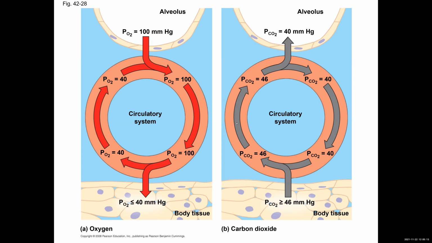It will be transported, carried to the lung. Higher concentration, 46 millimeters of mercury, partial pressure of carbon dioxide in the blood. It will move down its concentration gradient by diffusion into the airspace of the lung, right? Air from the outside has a lower concentration of carbon dioxide than the carbon dioxide in our bloodstream.